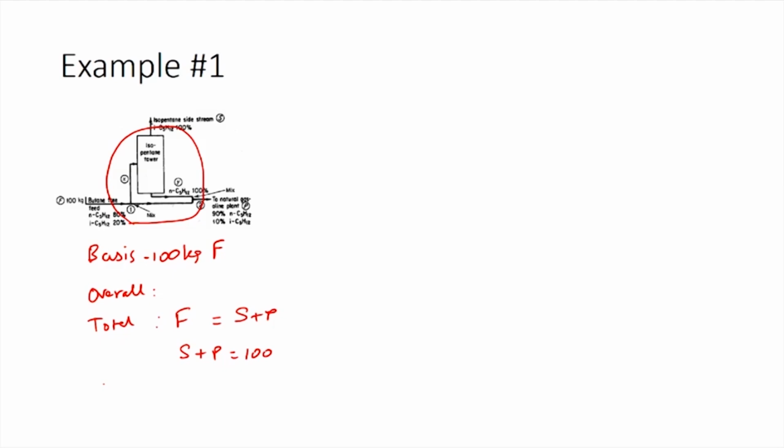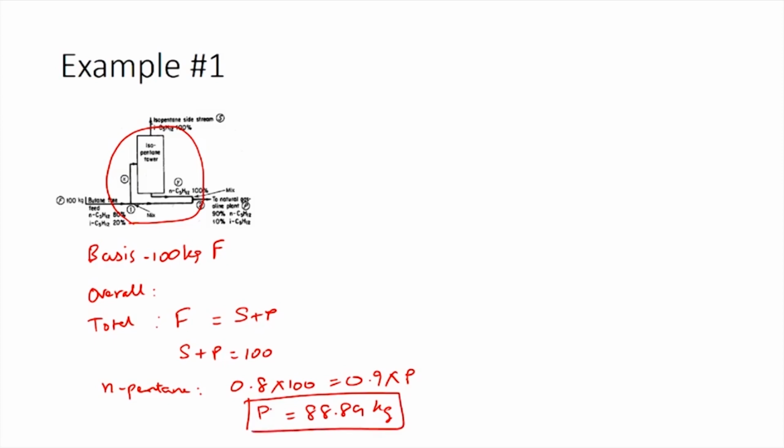We can also write an N-pentane balance. The N-pentane balance would be 0.8 times 100, the input, equal to 0.9 times P, the output. From here we can calculate P as 88.89 kilograms and S as 11.11 kilograms.